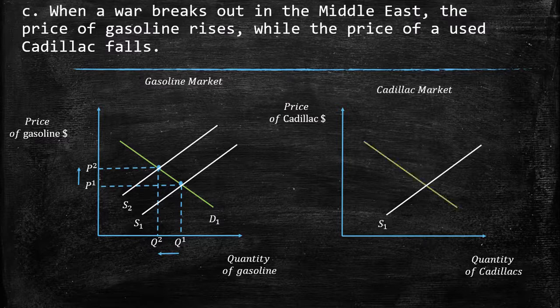Here is the equilibrium part, which is Q1 and P1. So how can we think about it? We can think about the Cadillac market. They are cars, so they need gasoline. So we can think about gasoline and Cadillac cars as complementary goods.